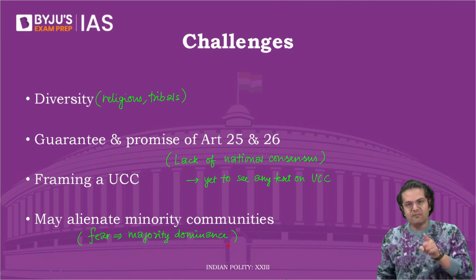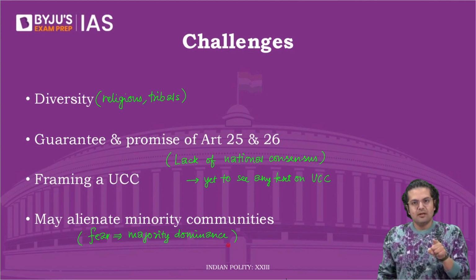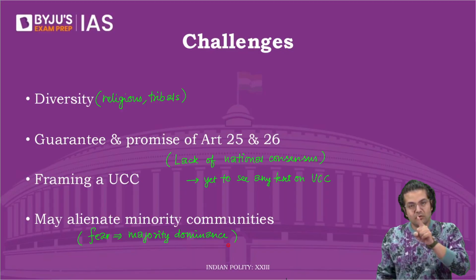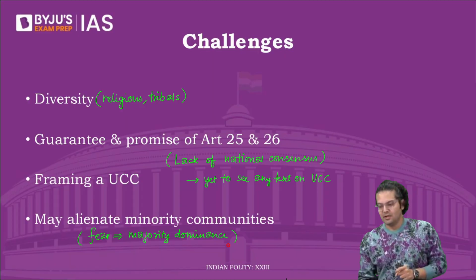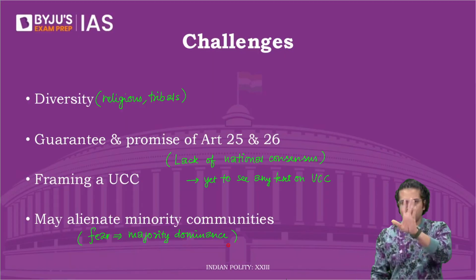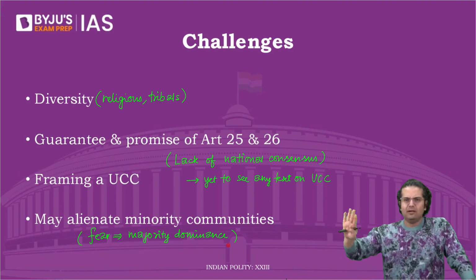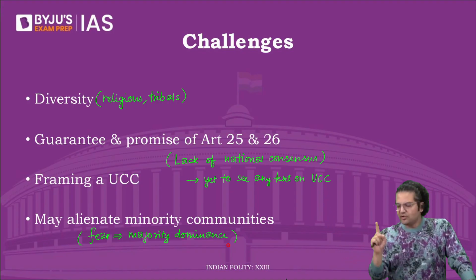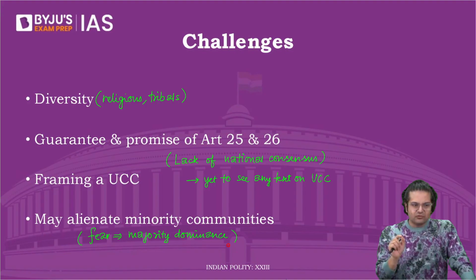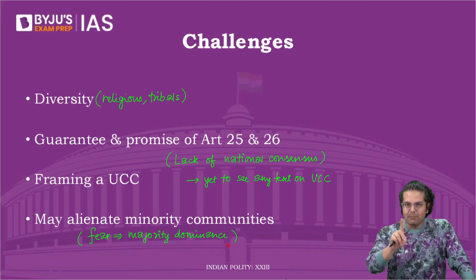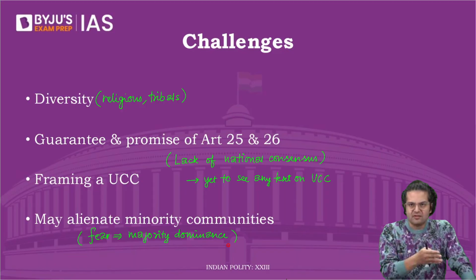Therein lies the devil in the details. The problem with UCC's implementation is that the intention is never resolving problems. Otherwise, I'll tell you a simple point. Most of you agree, forget all that we want a common law, etc. Most of you agree that when it comes to religious laws, they are biased against weaker sections and women.